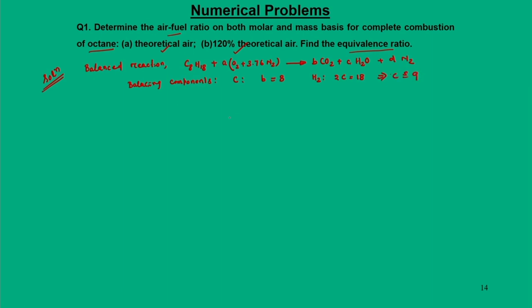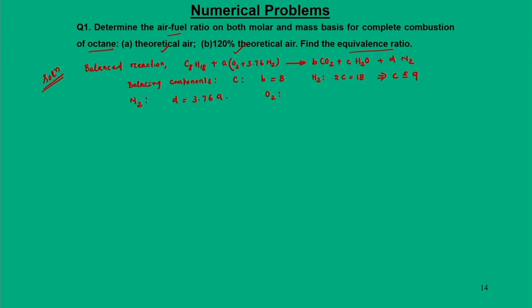Then nitrogen: 3.76 times A on one side and D on the other, so D is equal to 3.76 times A. We do not know A yet, so we calculate the oxygen.